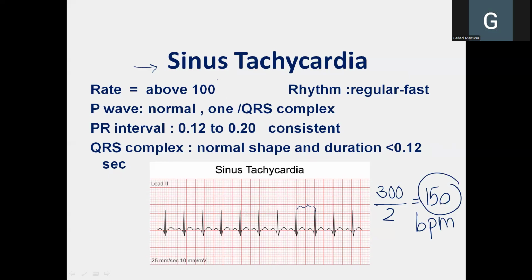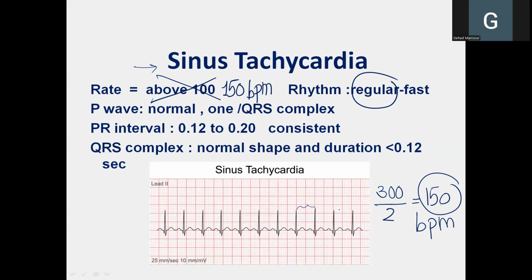Here on the test, you cannot say that I found that the rate is above 100. No, this would be half the mark only. But if you want to take the full mark for that part of the question, then you have to say that the heart rate is specifically 150 beats per minute. Is it regular? Yes, it is regular. Why?